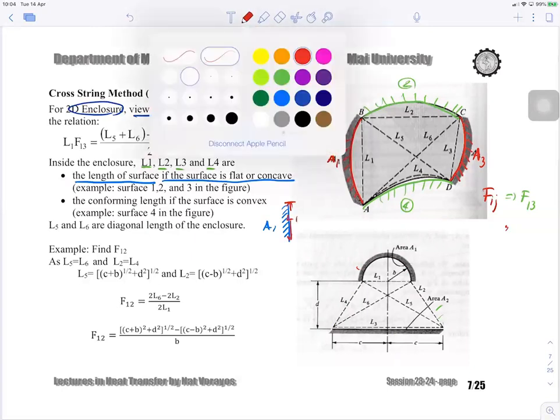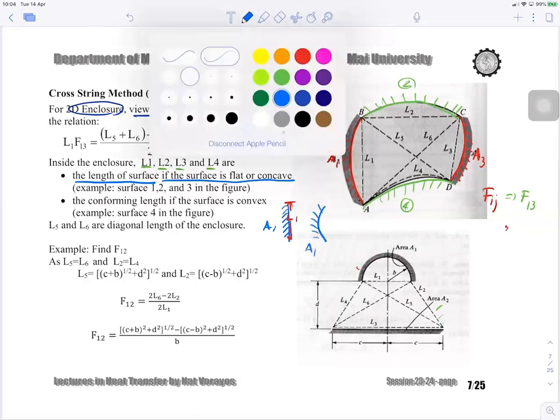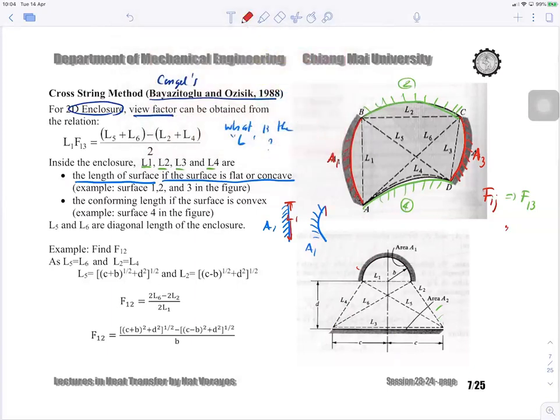If surface 1 is concave like that, the length of surface 1, L1, is something like that. So it can apply to A2, A3, A4, and any other surfaces.